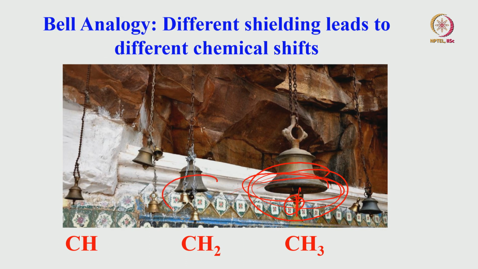Come to this CH2, this smaller bell, this is the nucleus and the charge distribution is much smaller than this. Go to this bell, even smaller than this, the charge distribution is much smaller than these two. Fantastic analogy, where shielding is different because of the different charge distribution of 3 protons, 2 protons and 1 proton for methyl, methylene and methane groups.